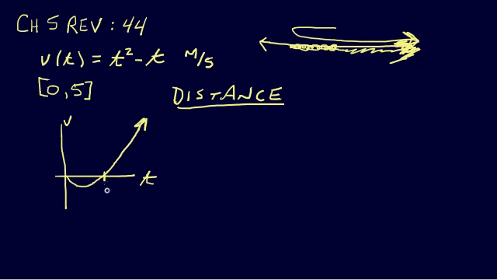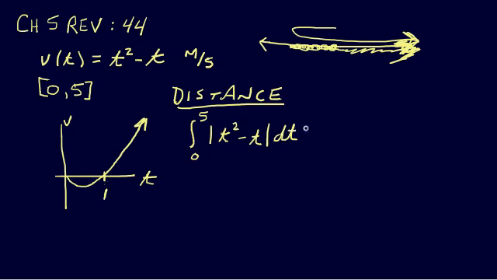And from this function, just by factoring, we can see that the velocity changes at time equals 1. So to evaluate this, what we're really looking at is the integral from 0 to 5 of the absolute value of the function t squared minus t dt.